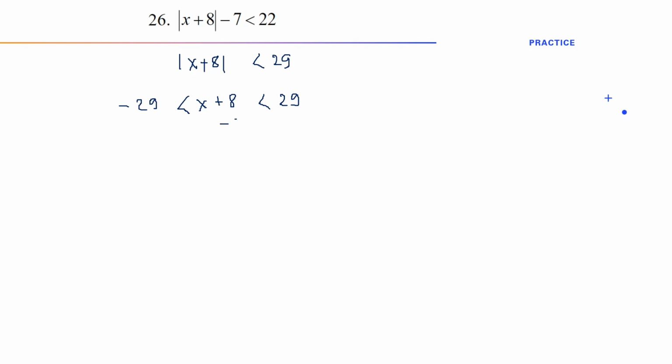So we subtract a. We will have this one is negative 37 less than x less than 21. Now this one makes sense, right? So negative 37, yes, less than 21.